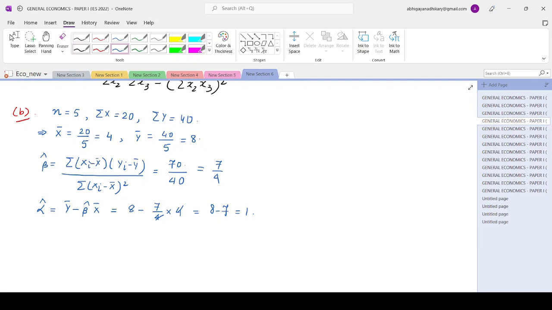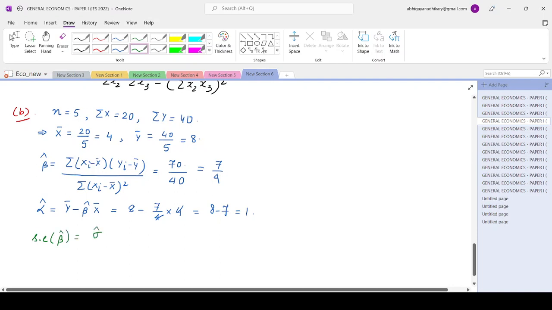Now coming to the standard errors of the estimates. If you remember, what is the standard error of beta hat that we have obtained? It was the square root of sigma hat square divided by summation small xi whole square. Correct?